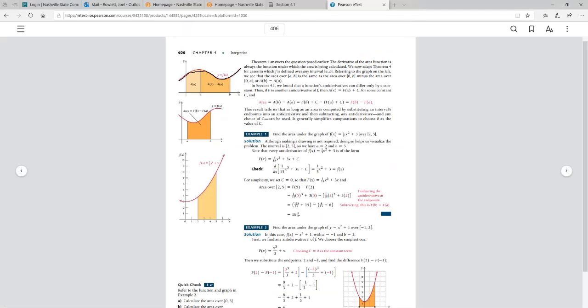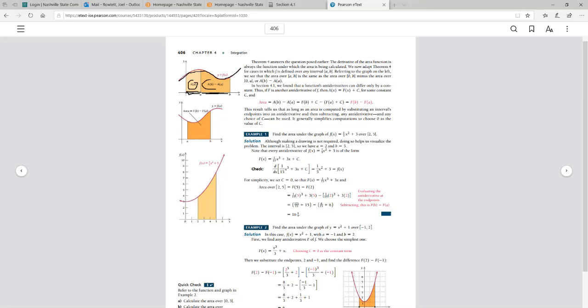And as we go from 0 to a, notice that a is our base length. And the length from here to here is going to be b minus a. Well, A of a would be the area under the curve in that region.